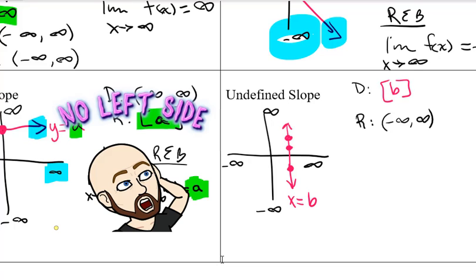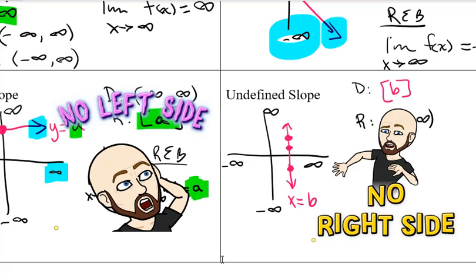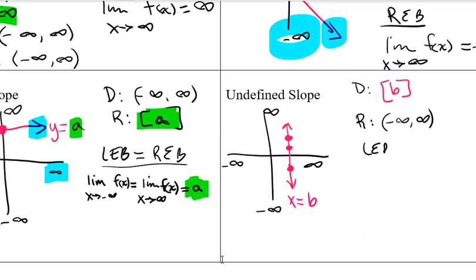Now this is a tricky one too, because if you look at the left side of the graph, there is no left side of the graph. There's no right side of the graph. We just have this wall right here in the middle, this b. So the left end behavior and the right end behavior are also going to be the same on this one.